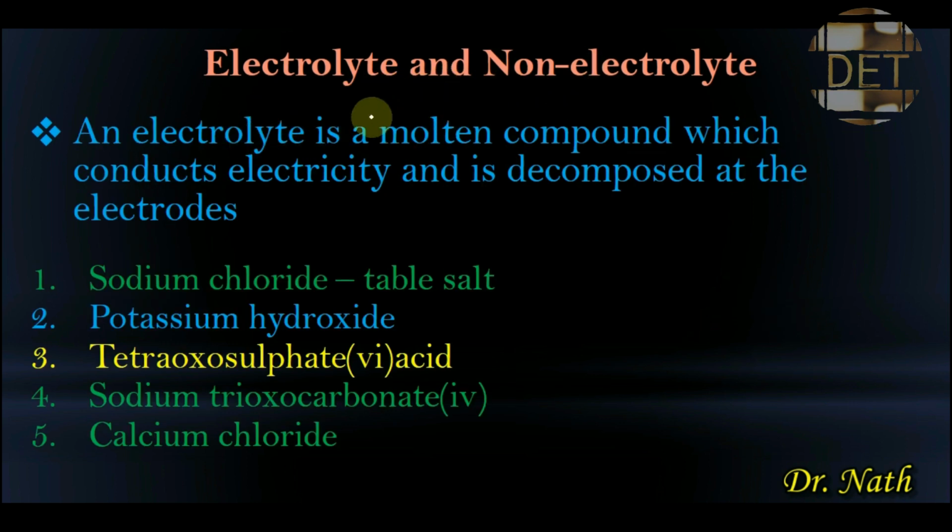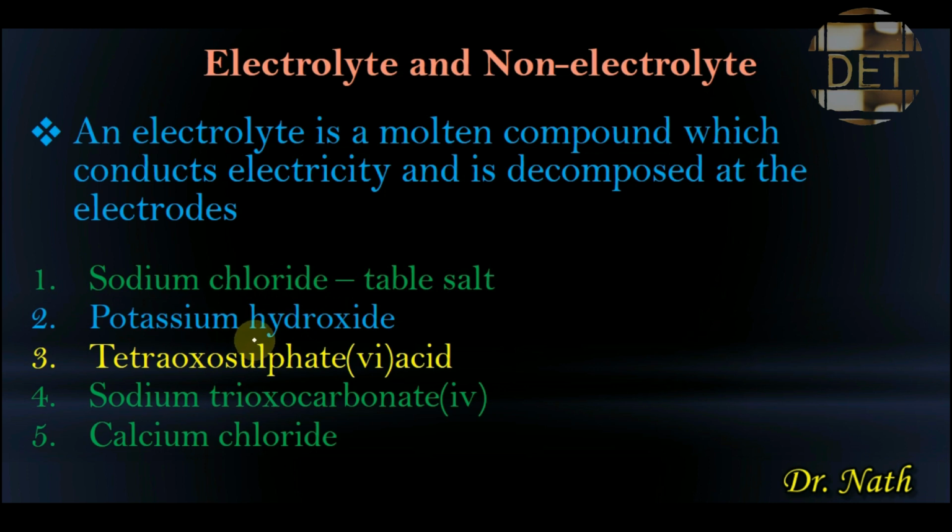So, just as we said, an electrolyte is a molten compound which conducts electricity and is decomposed at the electrodes. Examples of electrolytes are sodium chloride, also called table salt, potassium hydroxide, sulfuric acid, sodium carbonate, and calcium chloride. All these are examples of electrolytes.